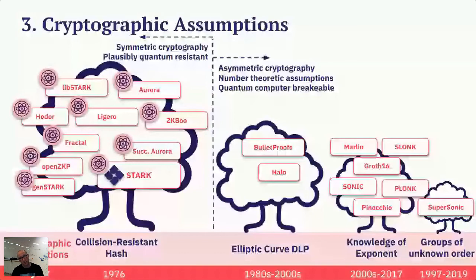That's post-quantum secure. Whereas all the stuff on the right requires all kinds of number-theoretic assumptions that a quantum computer would break. And so they're not post-quantum, or they're post-quantum susceptible. So that's one big differentiating factor that emanates from the cryptographic assumptions out there.